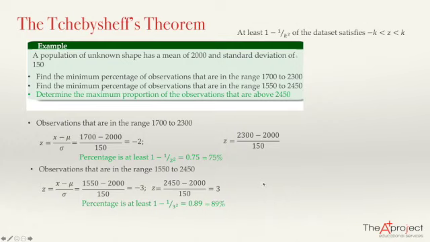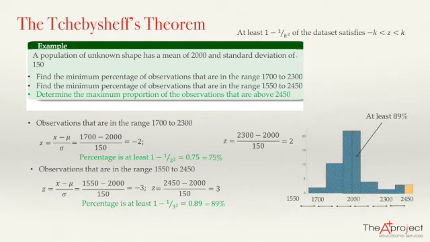If we make a sketch of the graph, whatever the distribution, because the Tchebyscheff theorem works with whatever shape the distribution has, and the mean is 2000, then between 3 standard deviations, that is between 1550 and 2450, there is 89% of the data set.